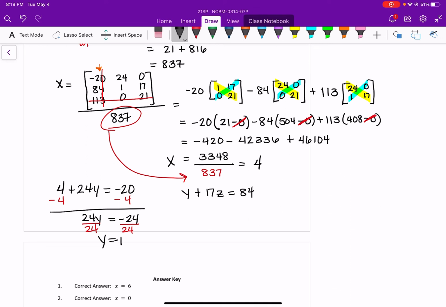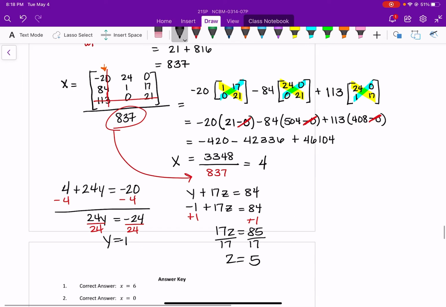Well, now I know that my y is negative 1, so substitute it in. Negative 1 plus 17z is equal to 84, so I can add the 1. So 17z is equal to 85. And divide by 17 on both sides. And we get that z is equal to 5. And that's our last answer.